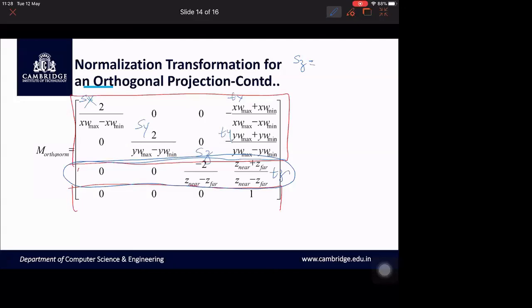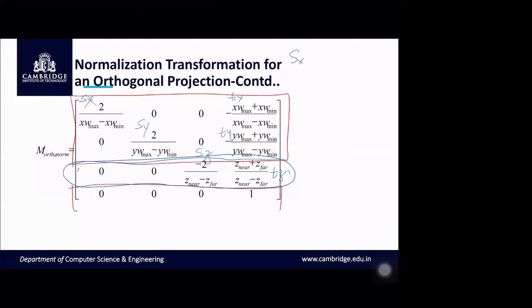Sx was xv max minus xv min divided by xw max minus xw min. You don't have to write all these derivations. Directly you can write the matrix if you remember.